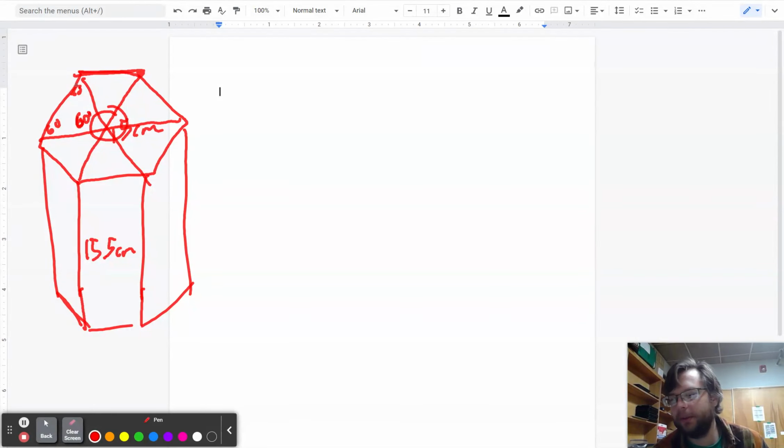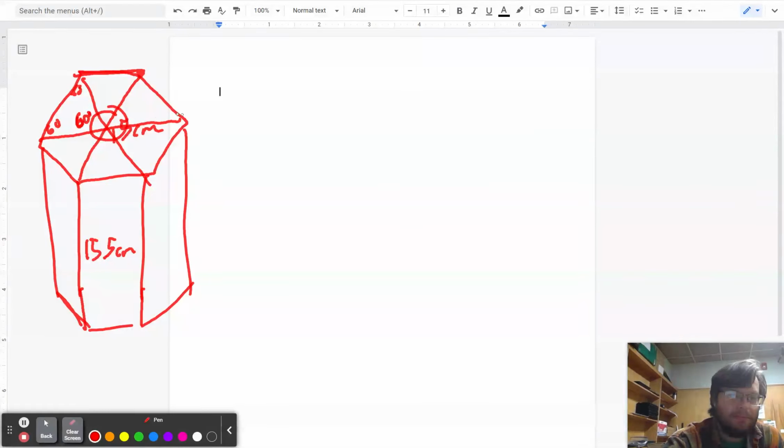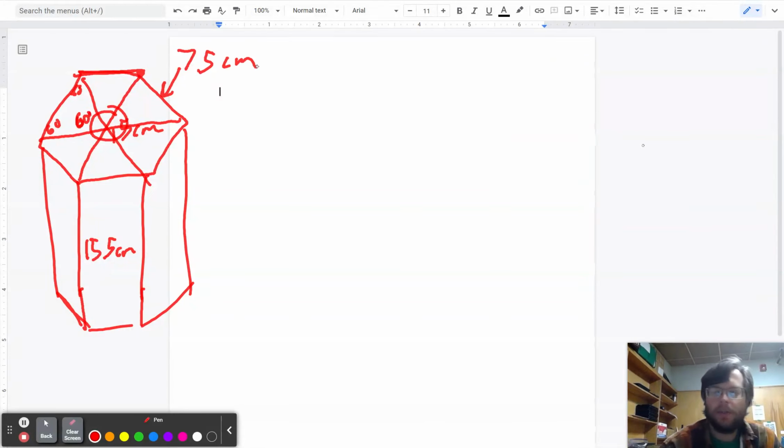We have a bunch of equilateral triangles right there. And so that would make one of the side lengths half of 15, 7.5 centimeters. Let's measure it and just see if that matches up. Okay, so far so good. 7.5 centimeters long, each of the edges.